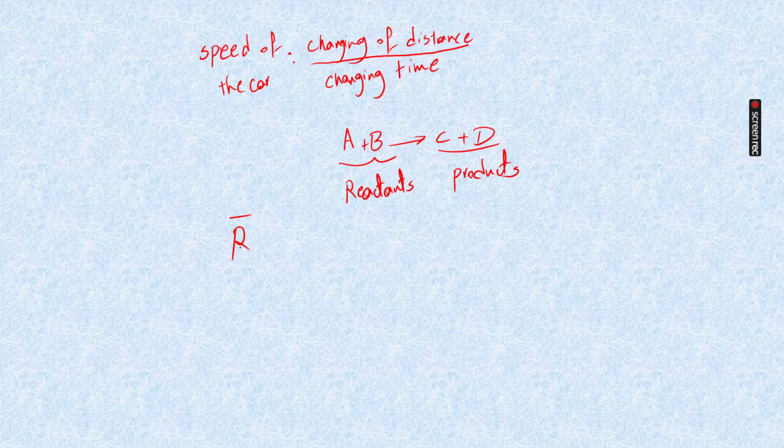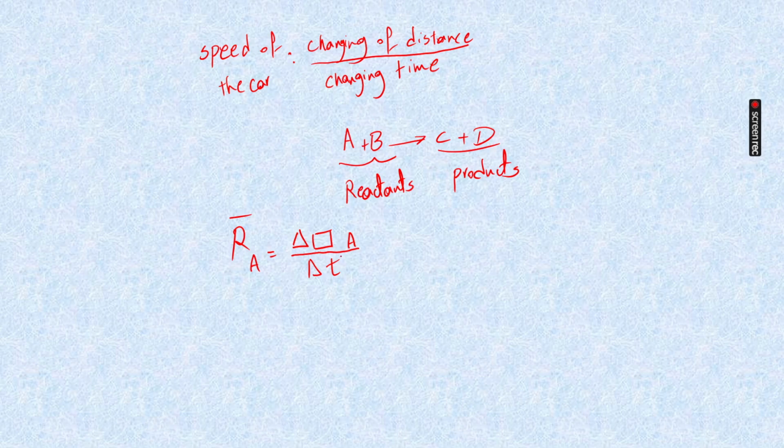So we have to write R with a dash above it. It's the average rate. Average rate for A is equal to the changing of something of A over the changing of time. As you remember in physics, the changing of distance for the car, because the distance has been changed over the time.